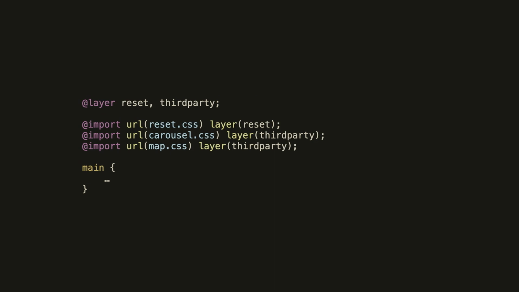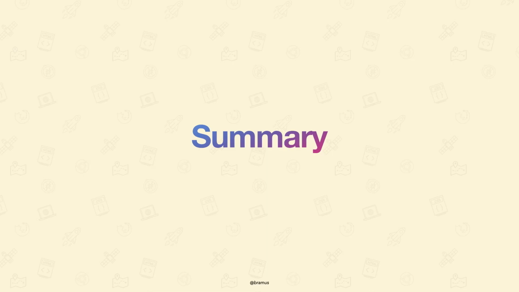Your own styles here, just keep them unlayered because they will always win from the layered ones. And this solves the problem that we had, right? The reset being too overly specific or the third-party library being too specific. Well, we kind of solve this because our own unlayered styles will win. If your project grows and grows and you're doing something like ITCSS, then you can start writing your own layers by extending the layer statement and writing your own styles like that.